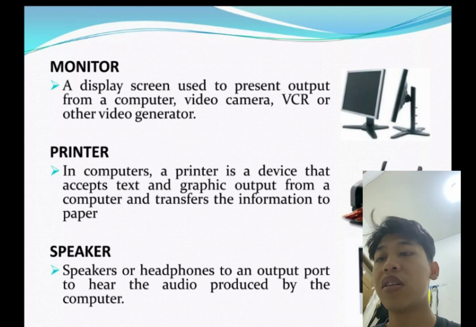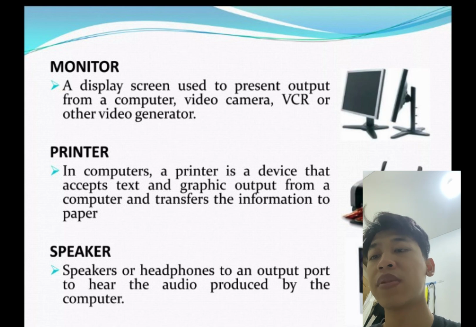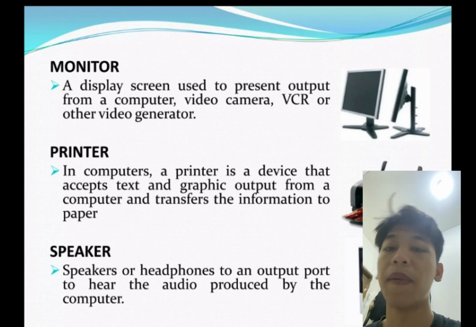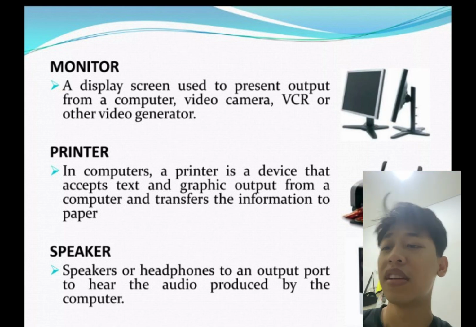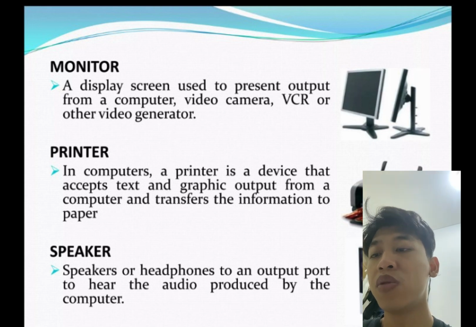Printer. In computer, a printer is a device that accepts text and graphic output from a computer and transfers the information to paper. Speaker. Speakers are connected with headphones to an output port to hear the audio produced by the computer.